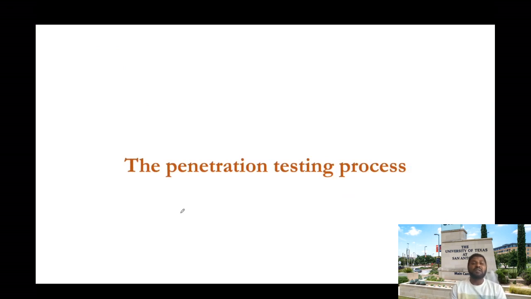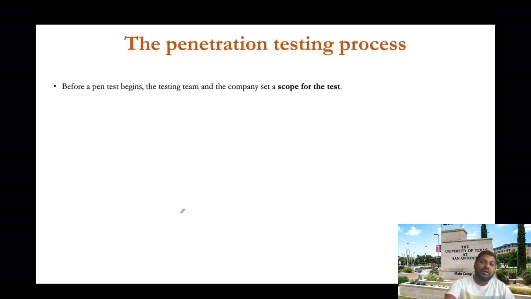Then we talk about the penetration testing process. What are the processes there? Before a pen test begins, the testing team and the company set a certain scope or goals. The scope outlines which systems will be tested, whether only limited systems or the entire network will be tested.